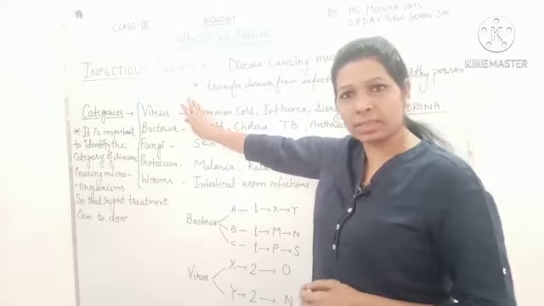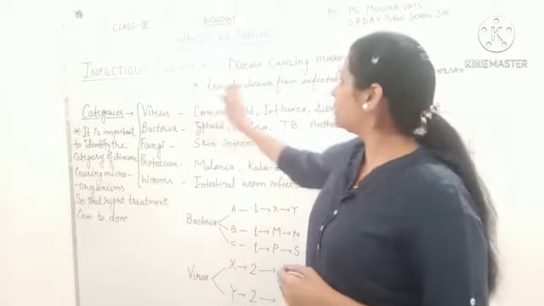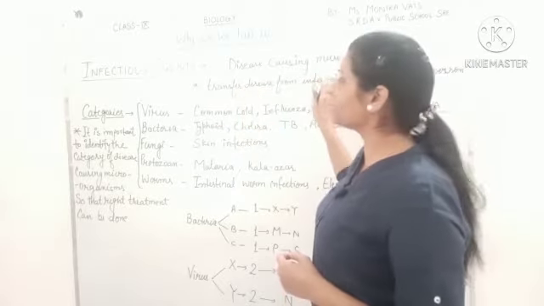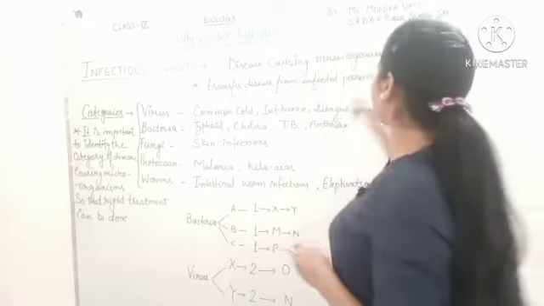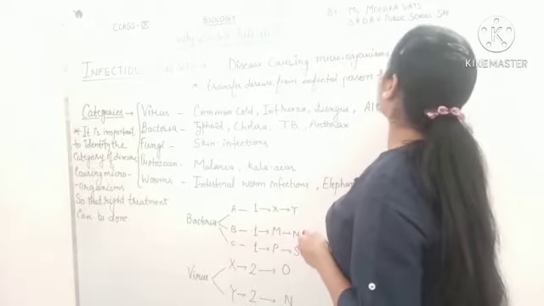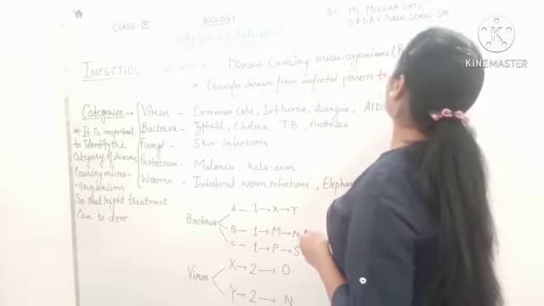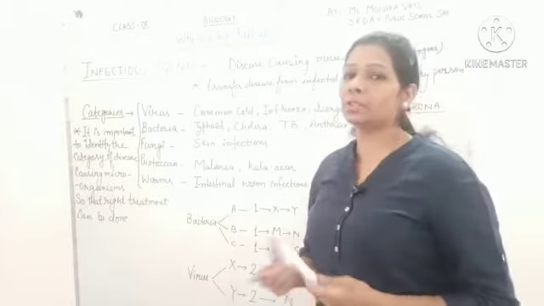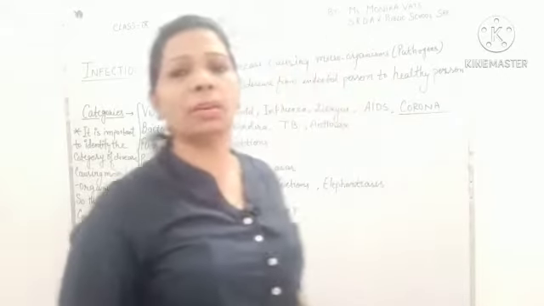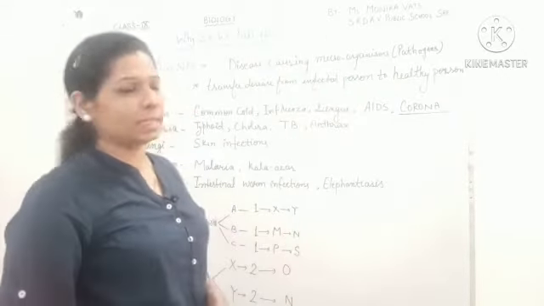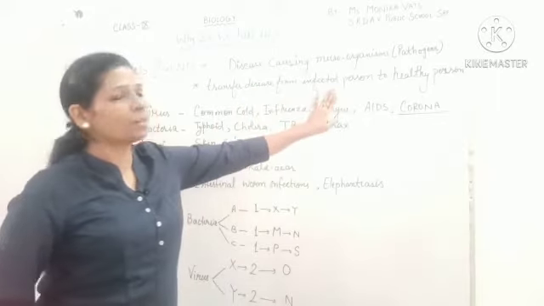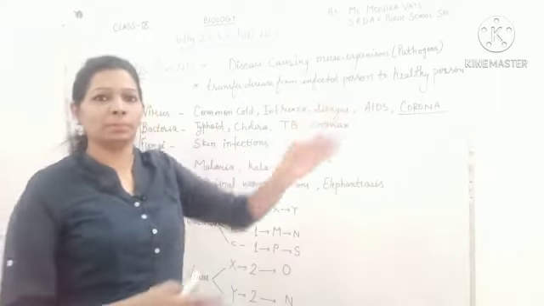An infectious agent is basically a disease causing microorganism, or you can say pathogens. Pathogens are disease causing microorganisms and these are known as infectious agents. Basically they transfer disease from an infected person to a healthy person.